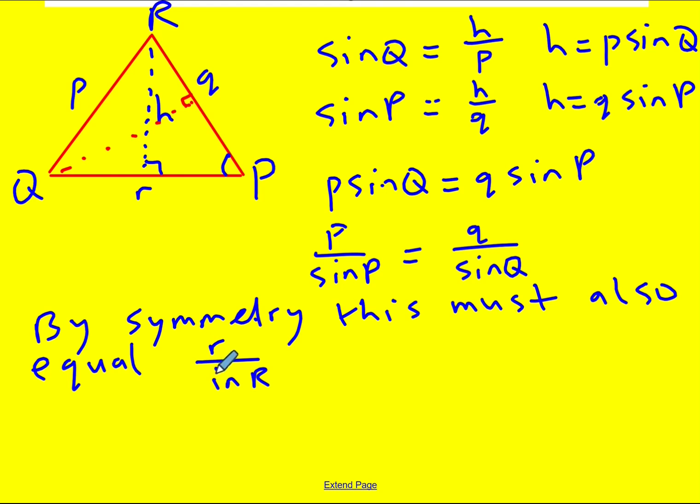So I feel that that should be sufficient to complete this question.